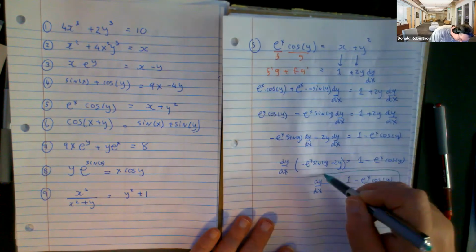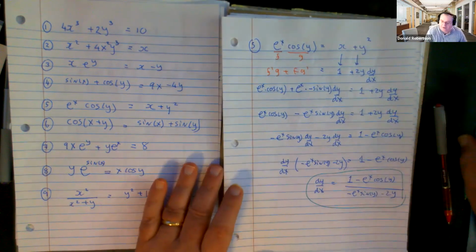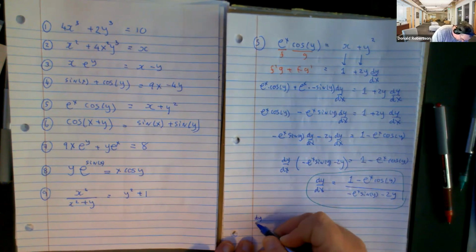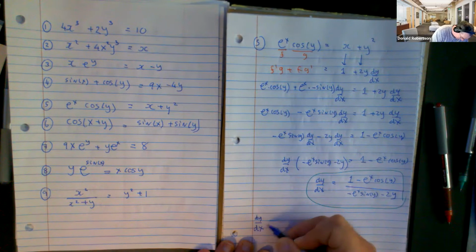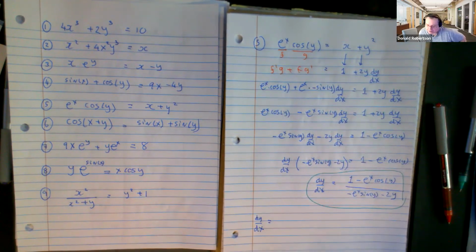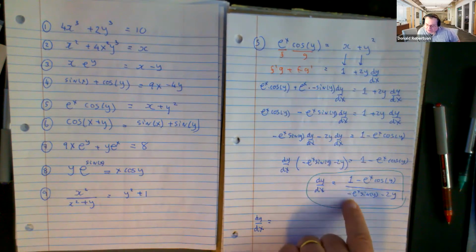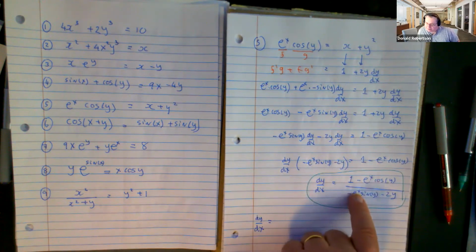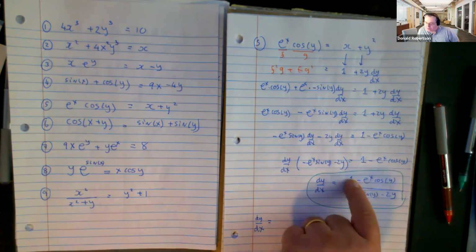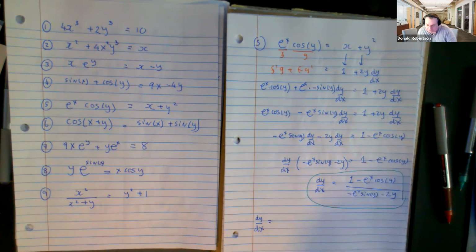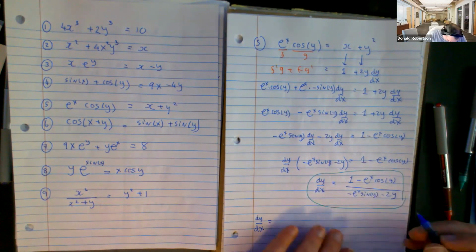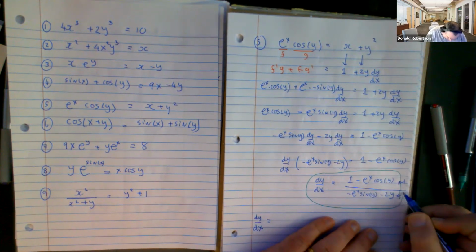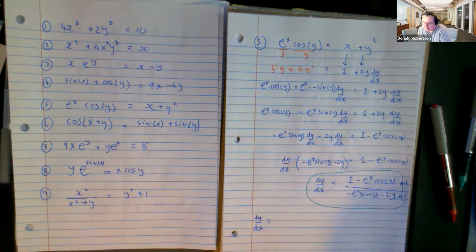That is a very ugly looking answer, but it is the answer. There are, however, and I wouldn't really call this a style point because you don't need to do it, but would you agree there's an awful lot of negatives in this answer? There's a negative this, there's a negative that, a lot of negatives. You could make this slightly prettier in some people's minds by just multiplying the top and bottom by -1.